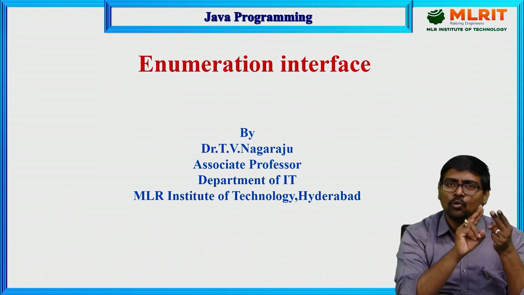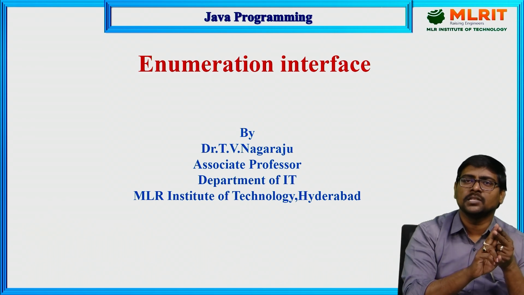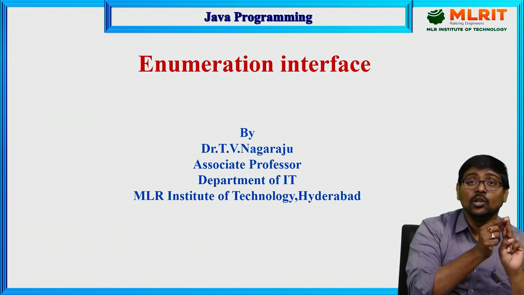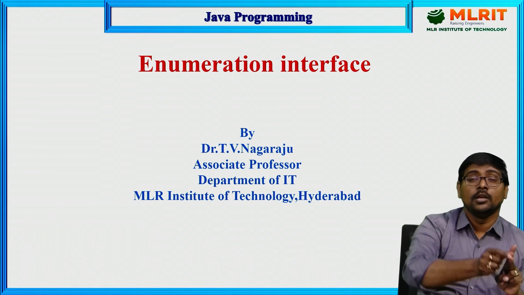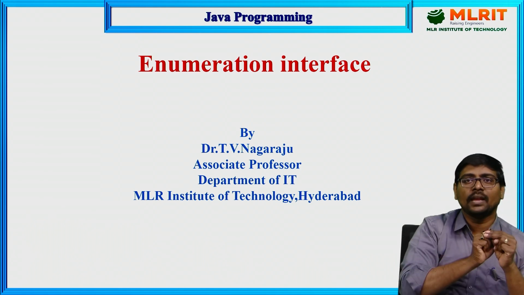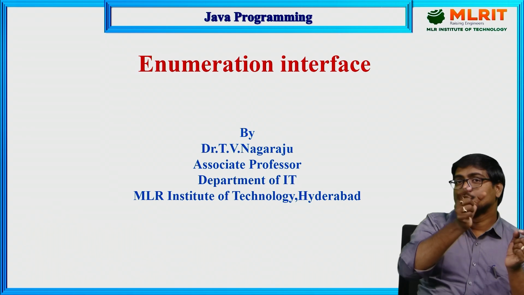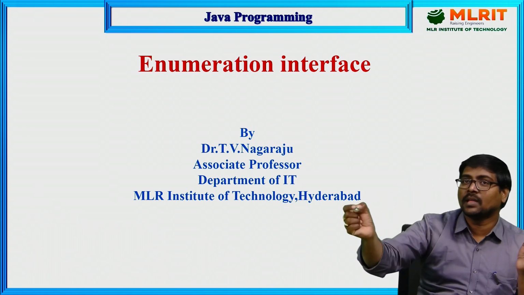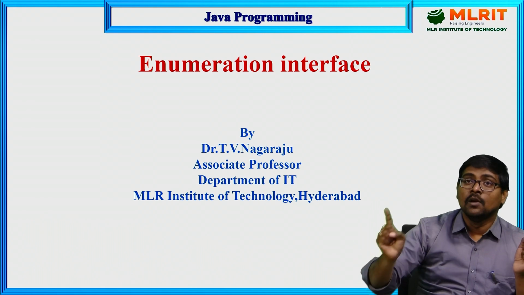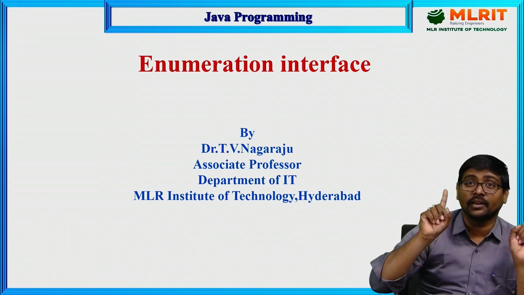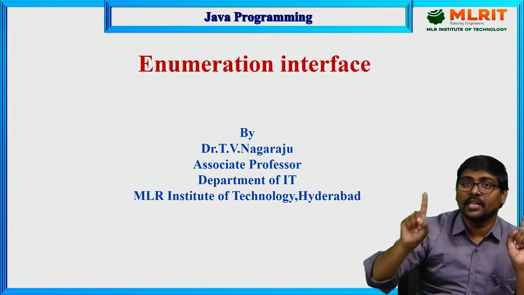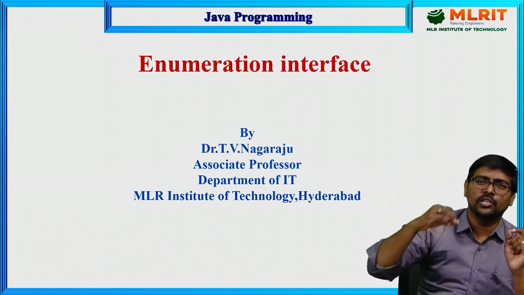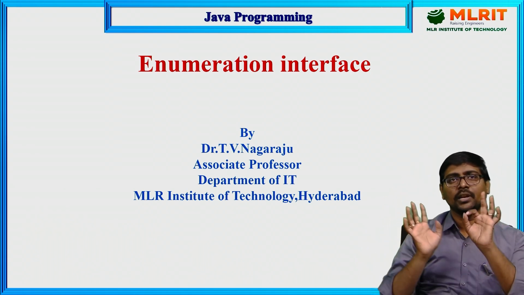Among them, two popular cursor statements are, first one, iterator, second one, enumeration. In the last session we covered iterator. Iterator is used to retrieve elements from the collection object in the forward direction only, on any collection, whether it is a set or list.